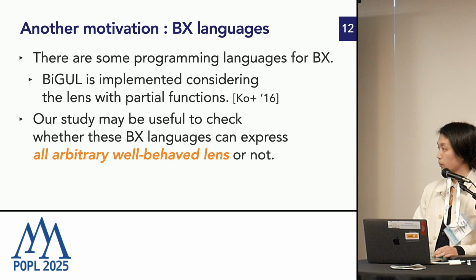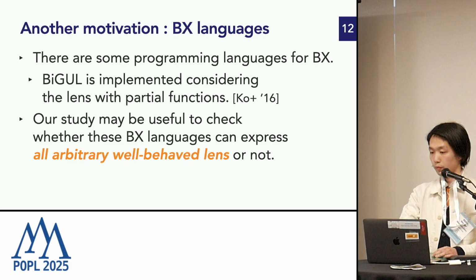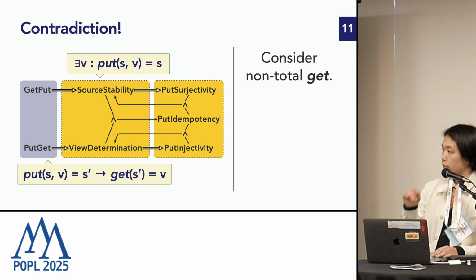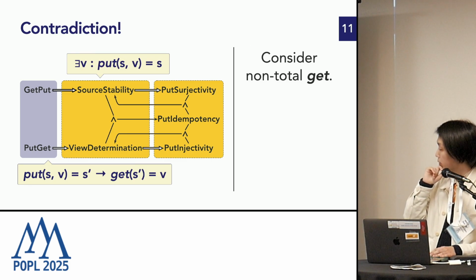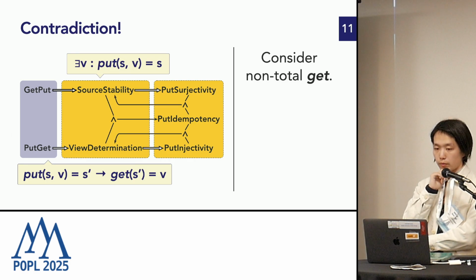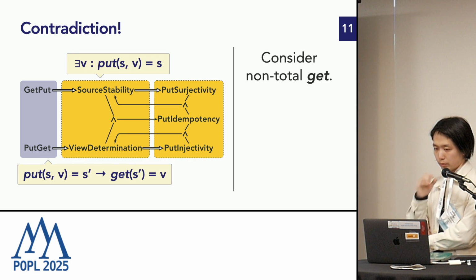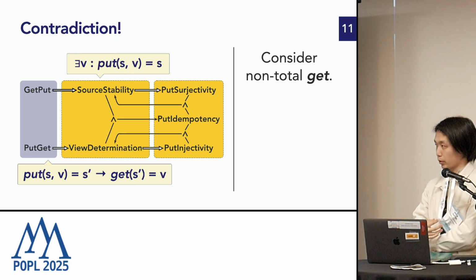This is a question related to the question asked before. Why do you specify those two rules as the well-behaved lens? More generally, is there any reason to pick those specific two rules, GetPut and PutGet, for the well-behavedness of lenses? Well-behavedness is one of the most important consistency properties we consider.